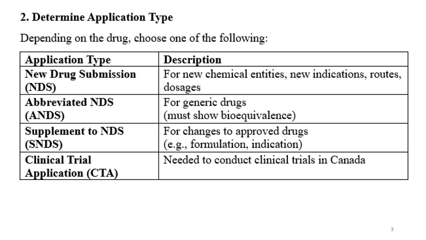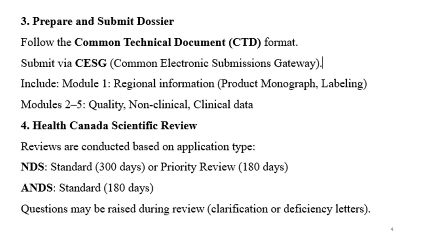Then supplement to NDS, that is SNDS. It is for the changes to the approved drugs, like reformulation, changes to the formulation, changes to the indications, and clinical trial application, that is CTA. CTA is needed to conduct the clinical trials in Canada, and it is for the new drugs.